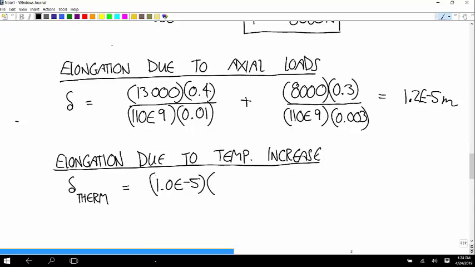Now this one we can do all at once. We don't have to break it up into pieces. This is just 0.7. Times the change in temperature. This increased 100 degrees Celsius, so this is a positive 100. If it decreased, that would be negative. And you get a value of 7.0 times 10 to the minus 4 meters.